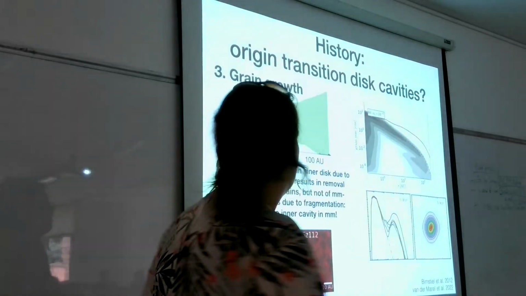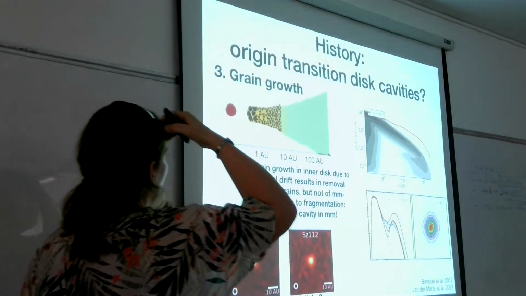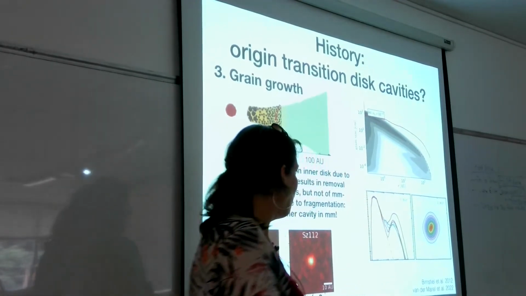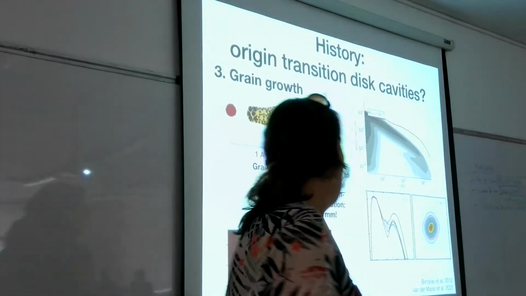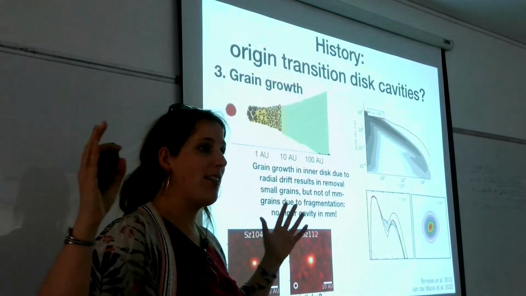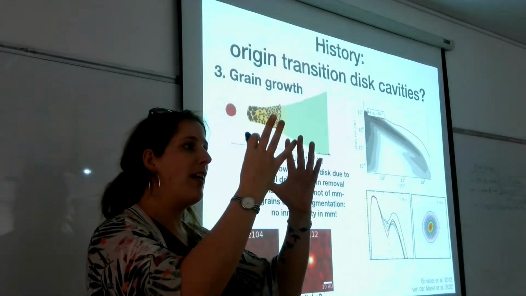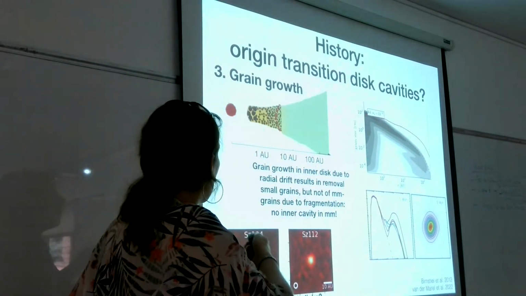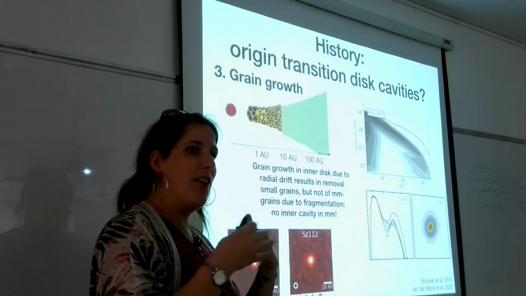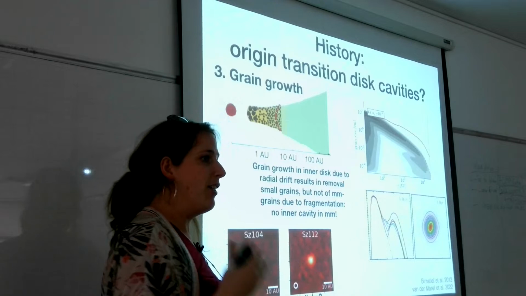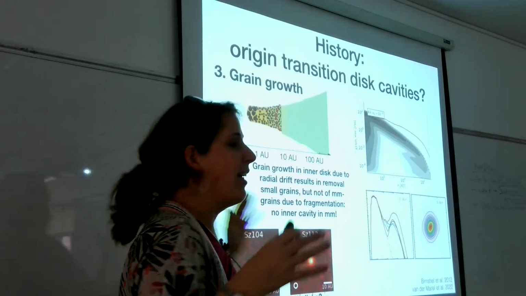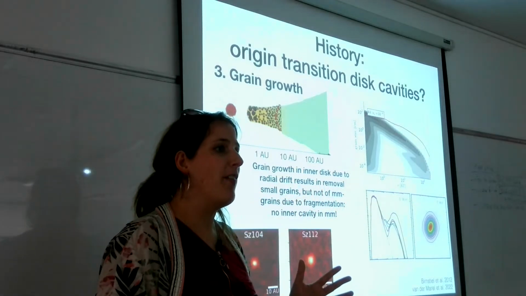Then there was another interesting proposal, for the transition disks that were found by their SED. The idea was that if you have a disk where all the dust has drifted inwards, and in the inner part of the disk it has grown to larger sizes, maybe your growth is so efficient and your fragmentation so limited that you're removing all your small grains.